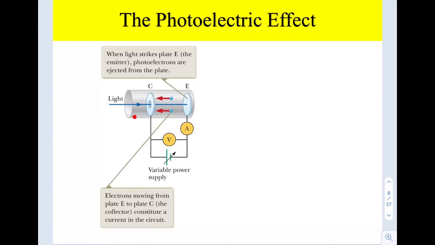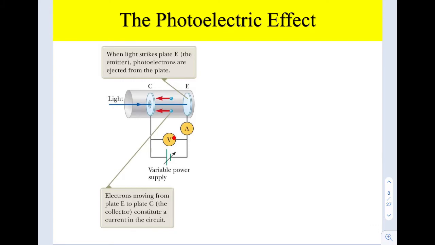This figure shows an evacuated glass or quartz tube containing a metallic plate E, known as the emitter, connected to the negative terminal of a battery, and another metallic plate C, known as the collector, connected to the positive terminal of the battery.